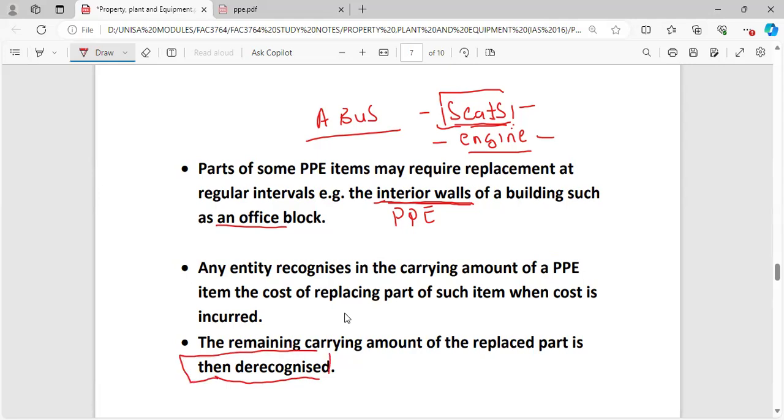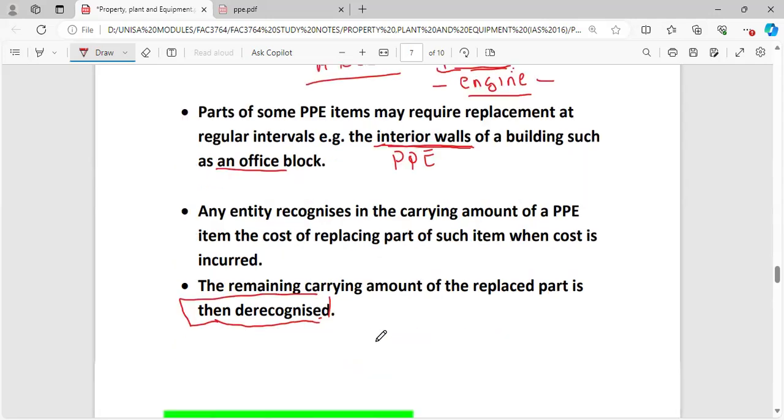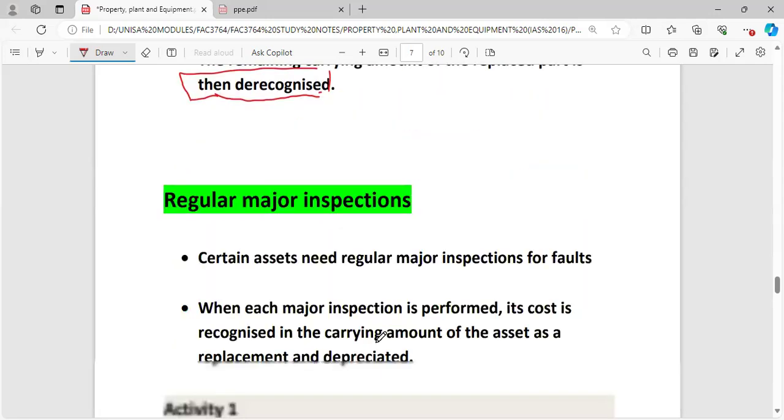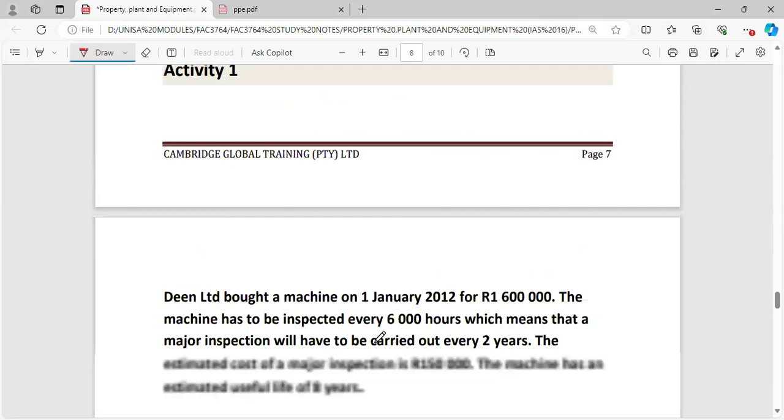Then we replace them with the new replacement. So that's the derecognition of the replaced parts. I think there's a question for that one here.